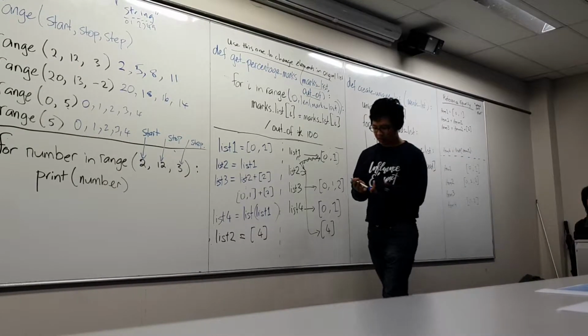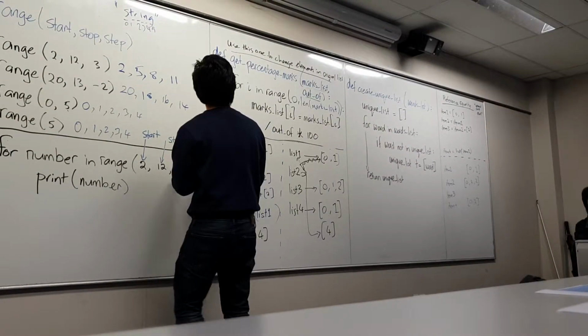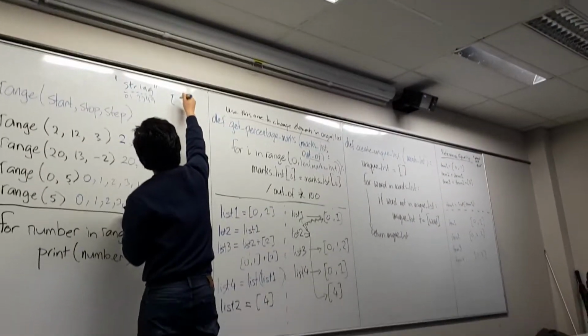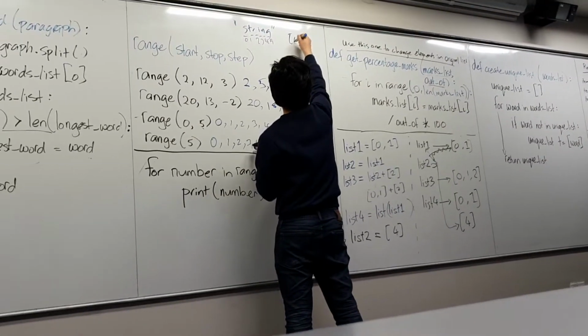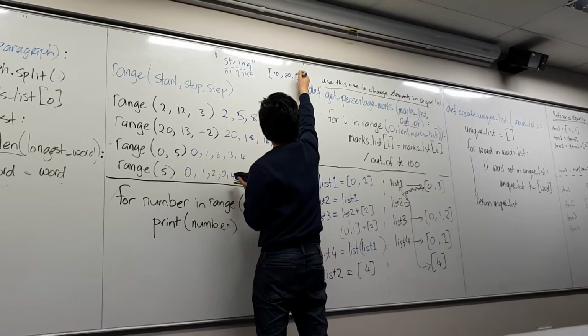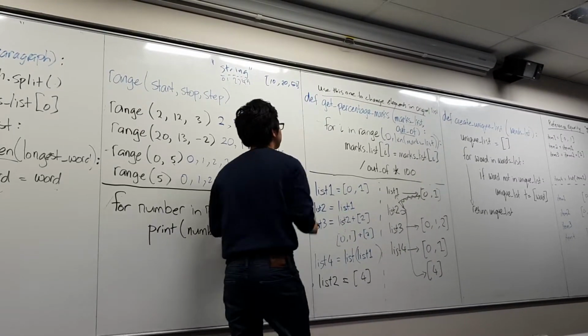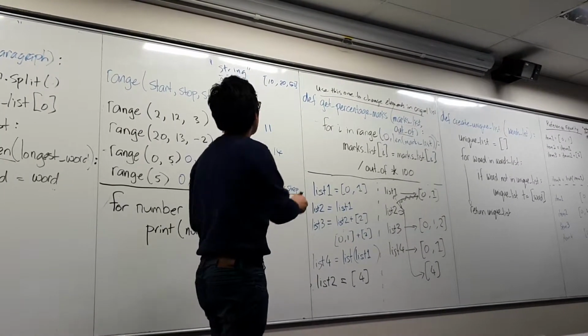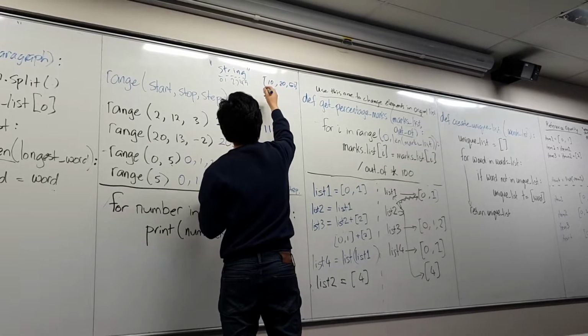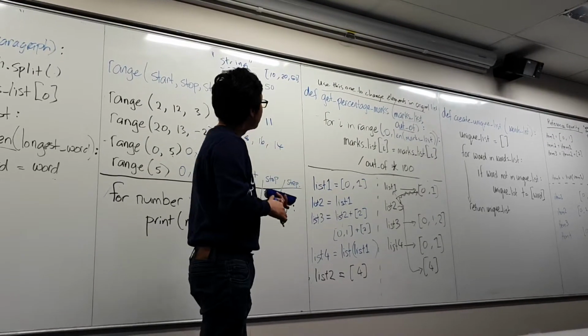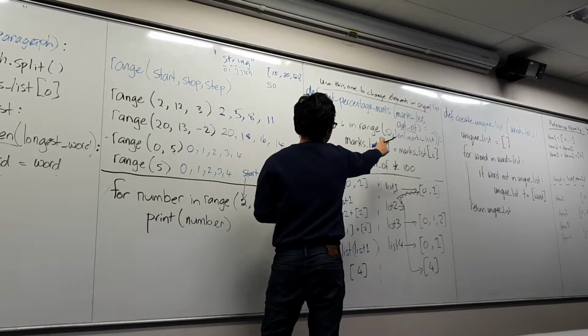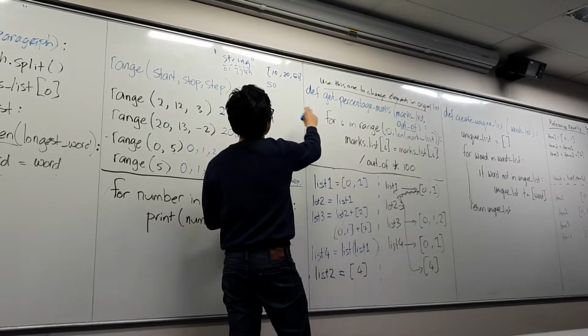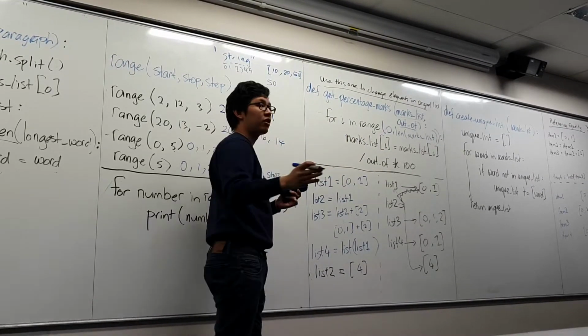A simple example, if I have time, is if my list to start off with was 10, 20, 50, right? And my out_of, let's say, was 50. For i in range 0 to the length of max_list, so the length of max_list is 3, so it's 0 to 3, not including 3.